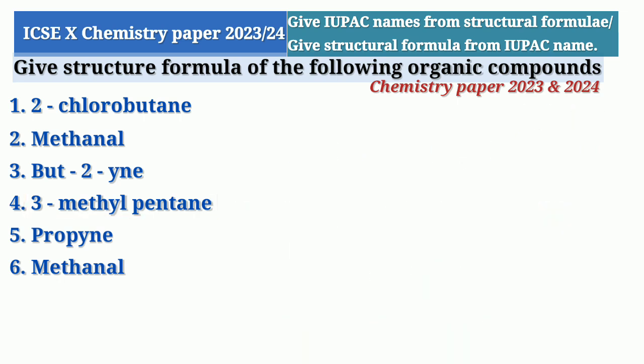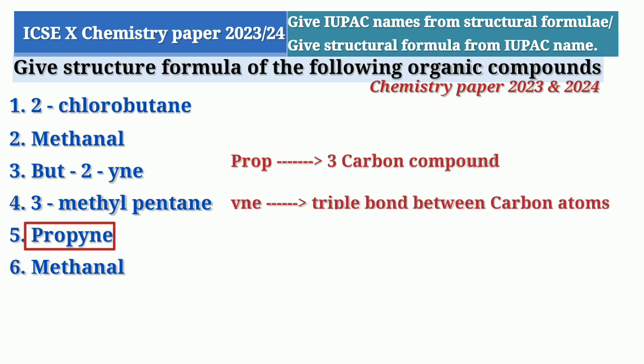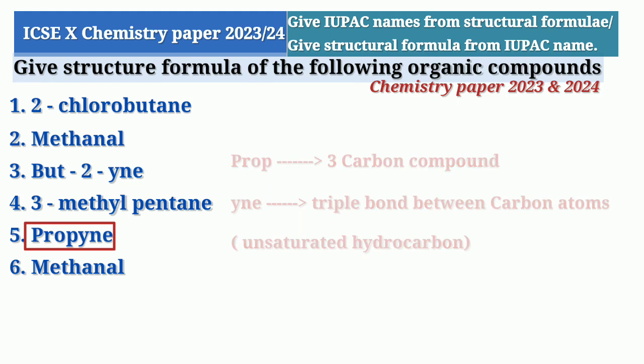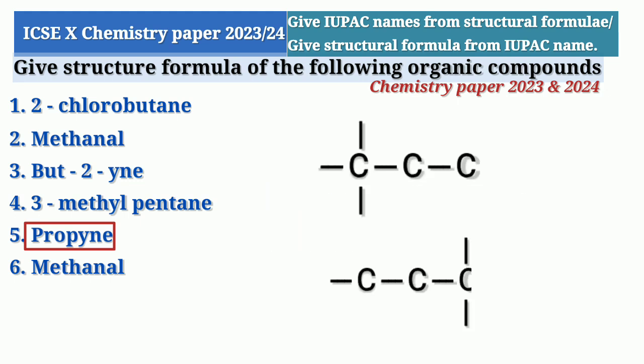Next compound is propyne. Prop tells us it is 3 carbon compound, and suffix yne tells us it is alkyne. That means unsaturated hydrocarbon with triple bond between carbon atoms. Let us first draw 3 carbon atoms with 4 covalent bonds each. Since it is alkyne, there will be triple bond between carbon atoms. You will notice we are not given position of triple bond. Like in but-2-yne, we were given 2. That was the position of triple bond.